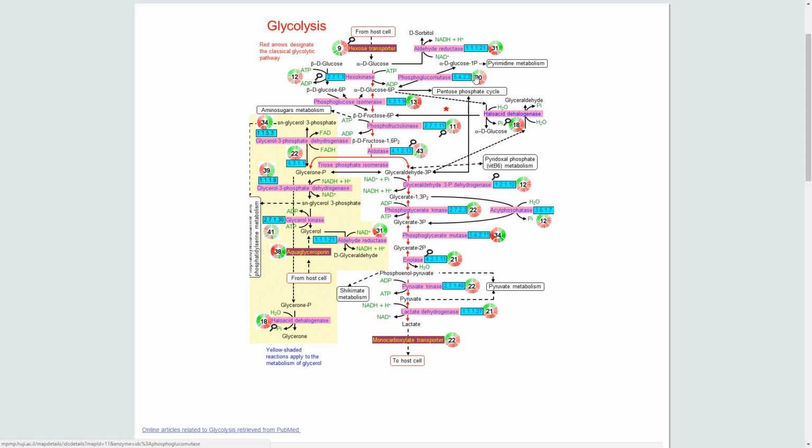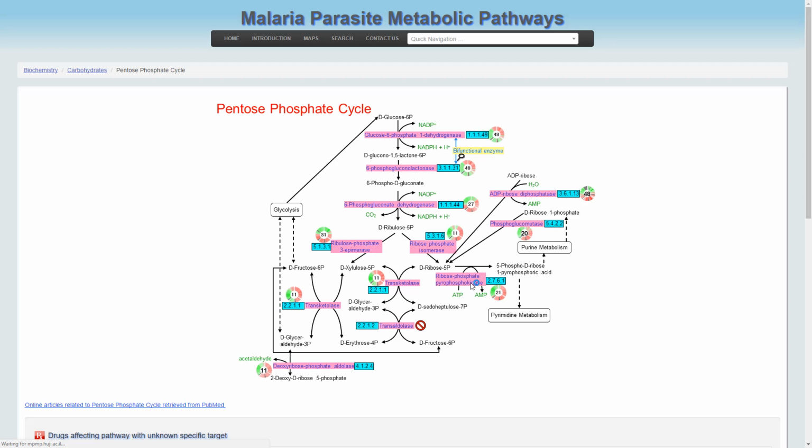Pressing one of them will open the relevant map.